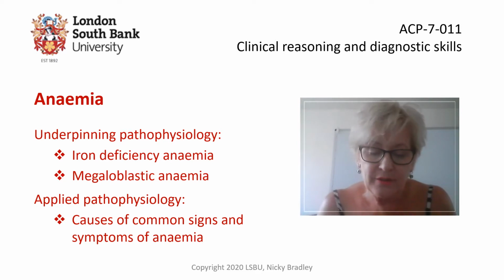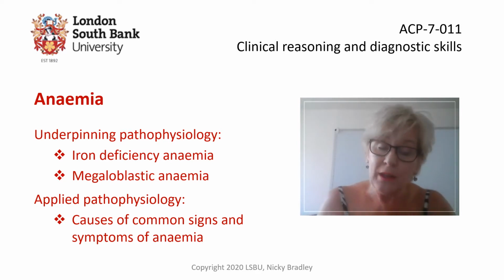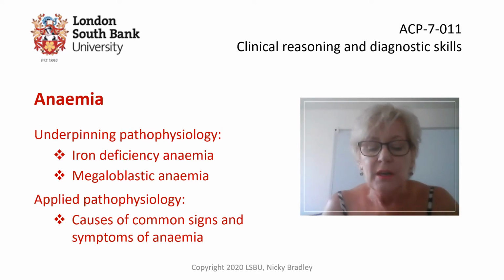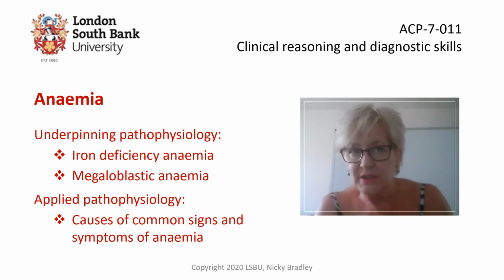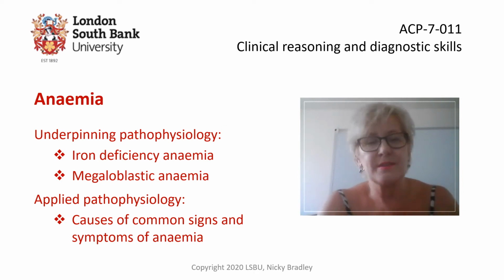And then we follow that up with what I call the applied pathophysiology, which is about the signs and symptoms and how that underpinning pathophysiology then causes those signs and symptoms. And hopefully you'll find it really interesting.